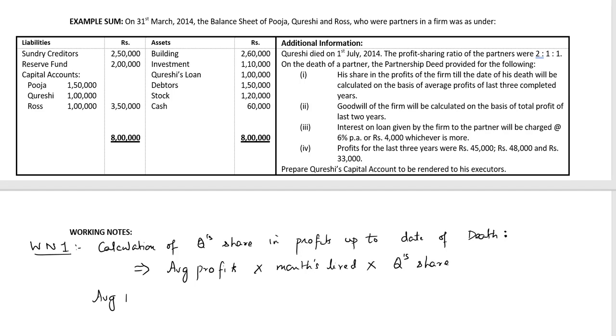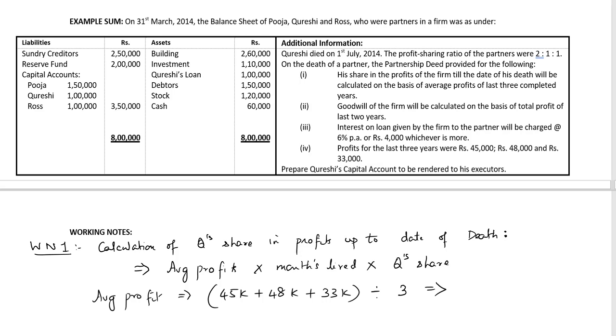Average profits is equal to the total profits, which is 45,000 plus 48,000 plus 33,000, divided by 3 years, which is equal to rupees 1,26,000 divided by 3, or rupees 42,000.